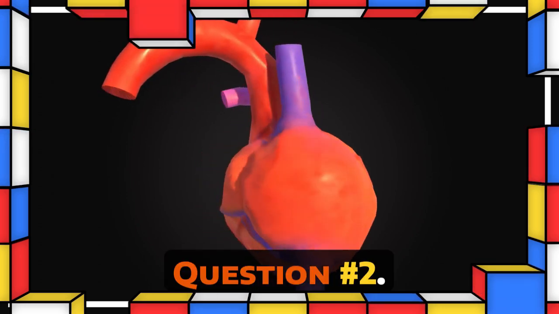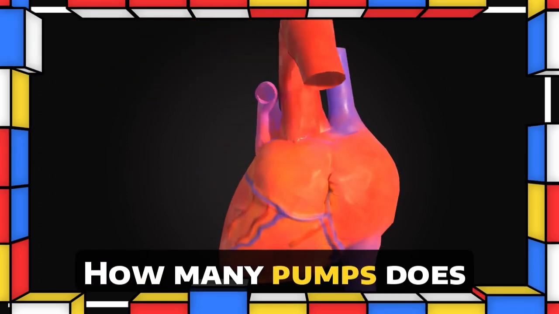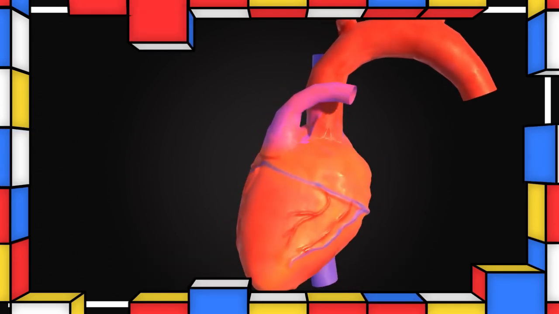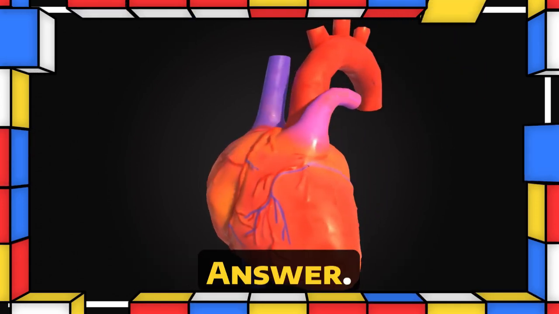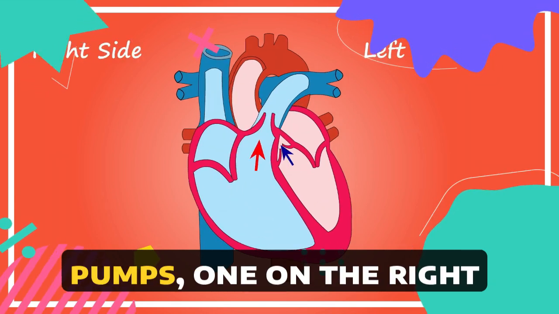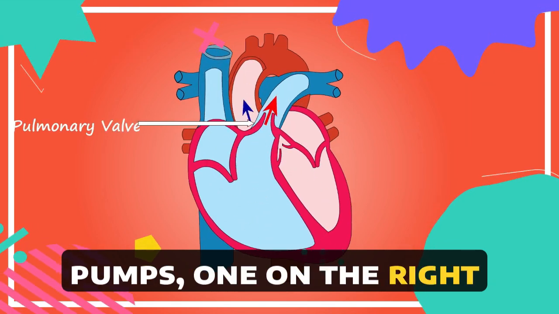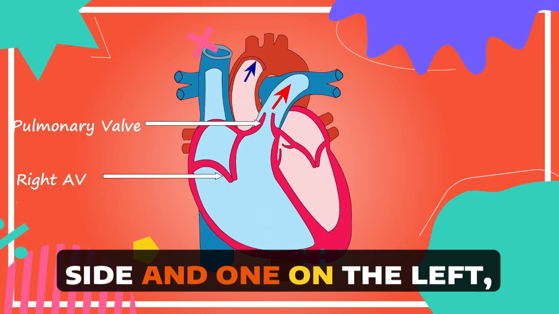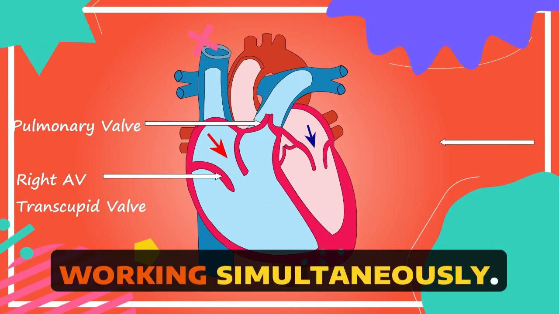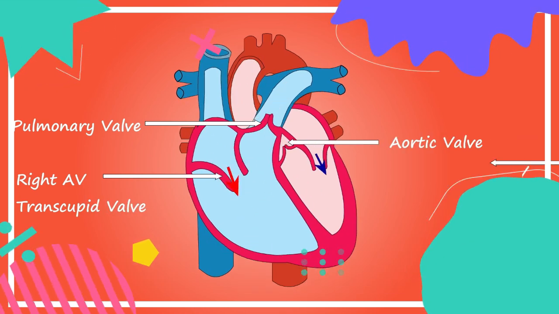Question number 2. How many pumps does the heart have? Answer: the heart works as two pumps, one on the right side and one on the left, working simultaneously.